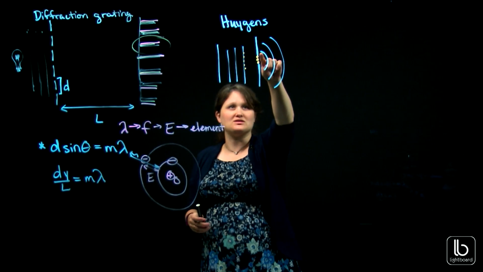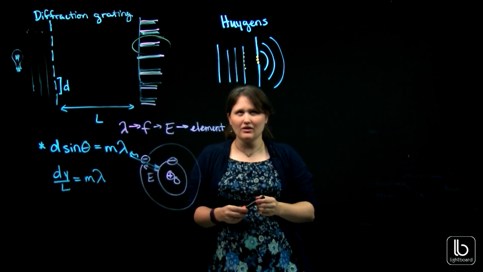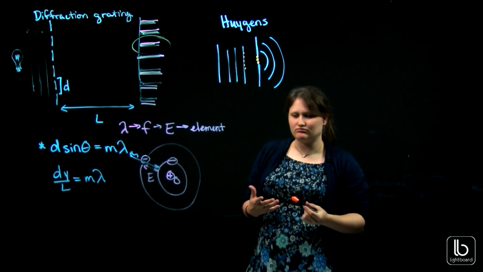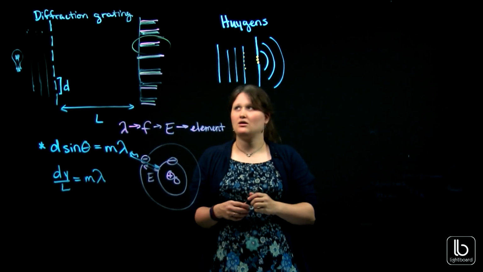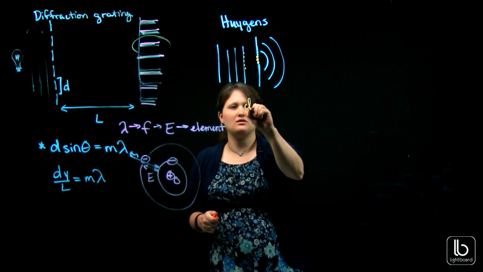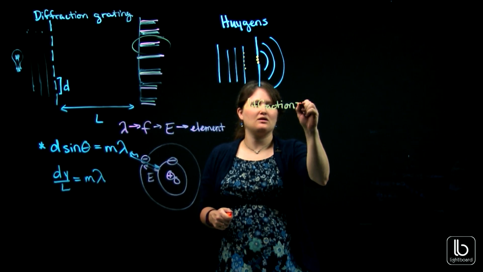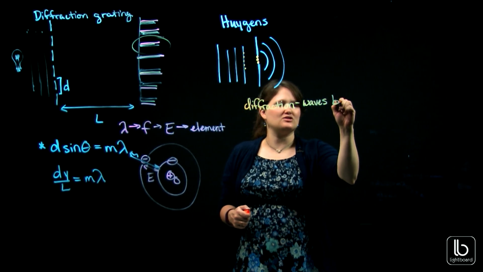What I do start to see is this kind of curvature. So when we start talking about diffraction, diffraction is simply a fancy word for edge effects. So diffraction is how waves behave at edges.